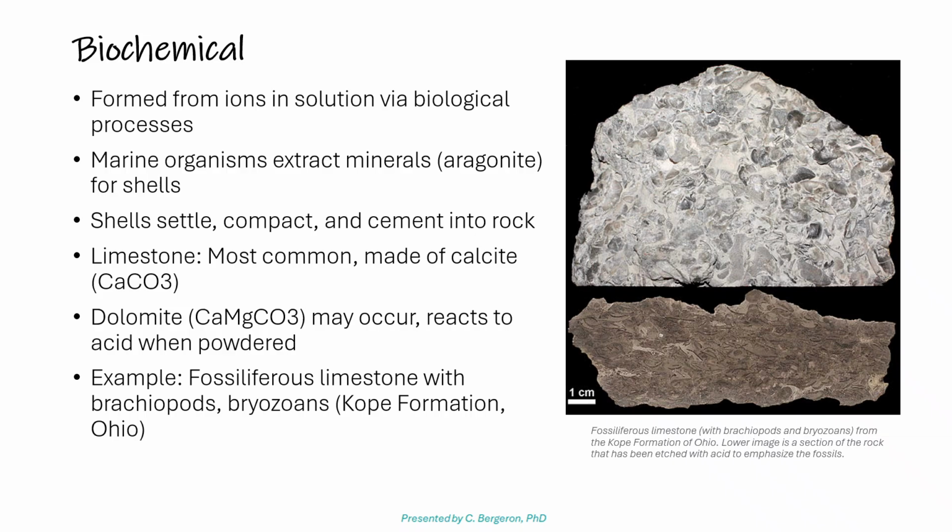The hard parts of a coral reef are calcite. The living parts are the creatures that live there, the aquatic animals that make up the reef. But when those die off, what's left is the calcite that was precipitated out, and that can be buried, undergo diagenesis, and form limestone.